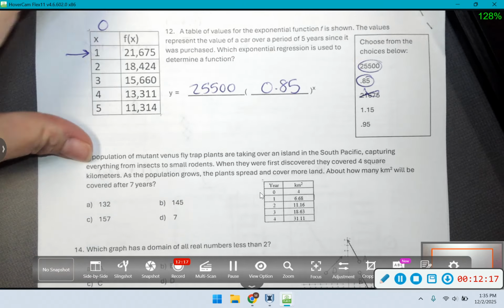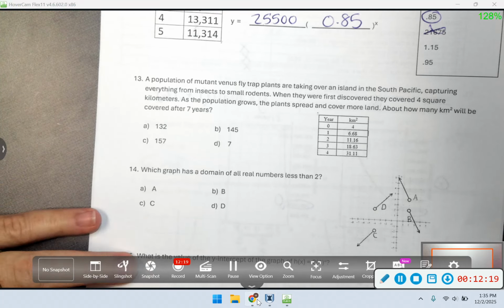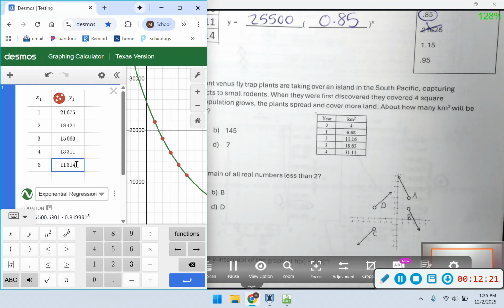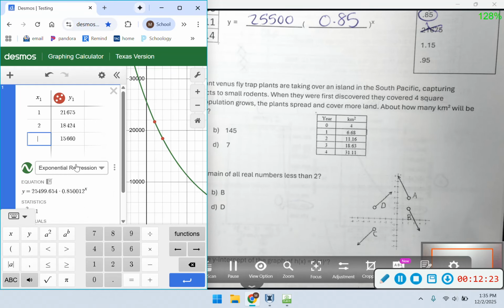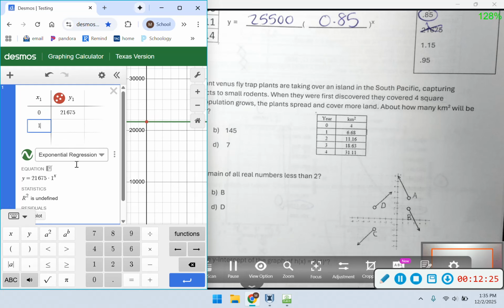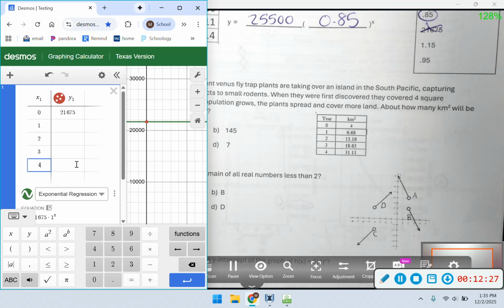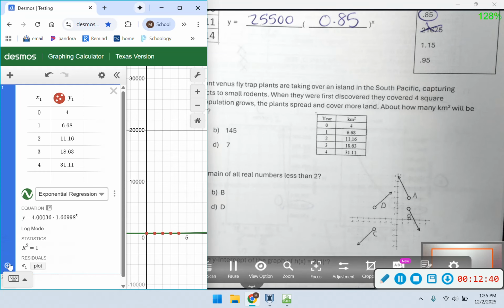Okay, 13. Again, this is a calculator problem. I'm going to type in the calculator, the table. Okay, and we're going to zoom into those points.